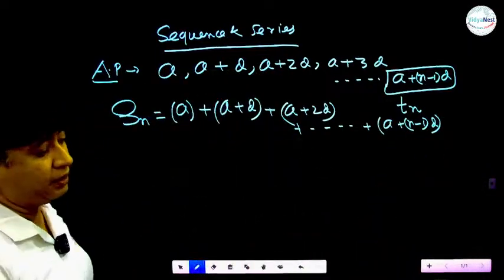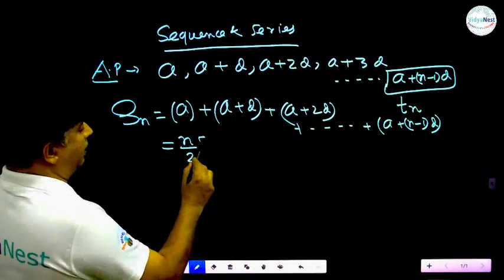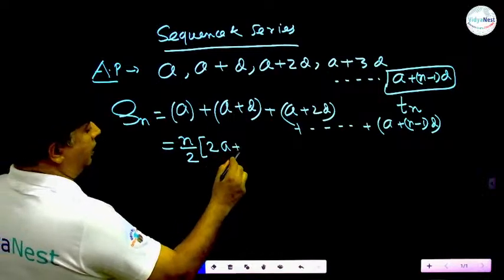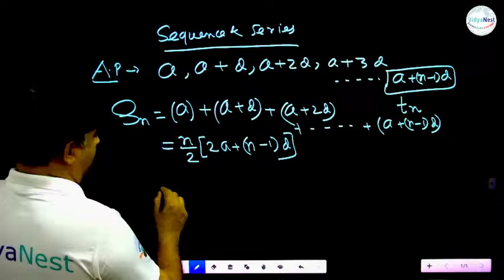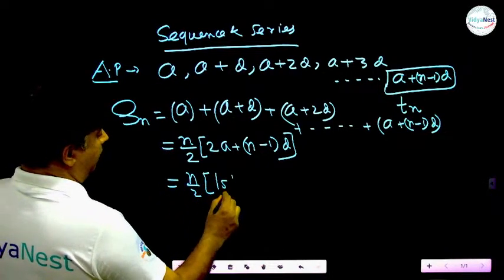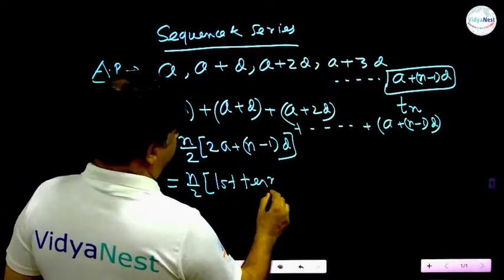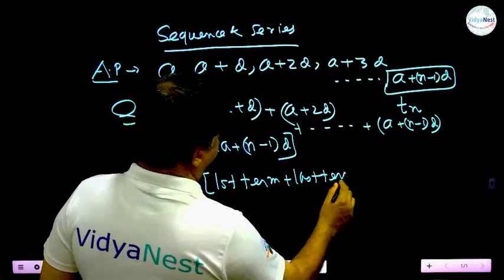That summation we got: n by 2 into a plus n minus 1 into d, and n by 2 into first term plus last term.